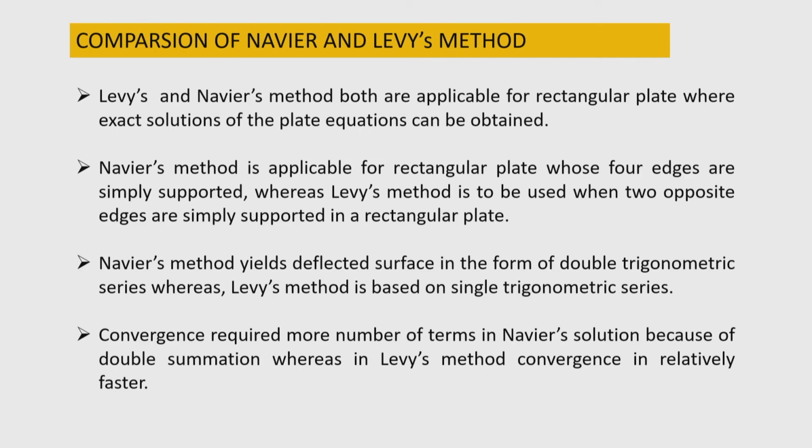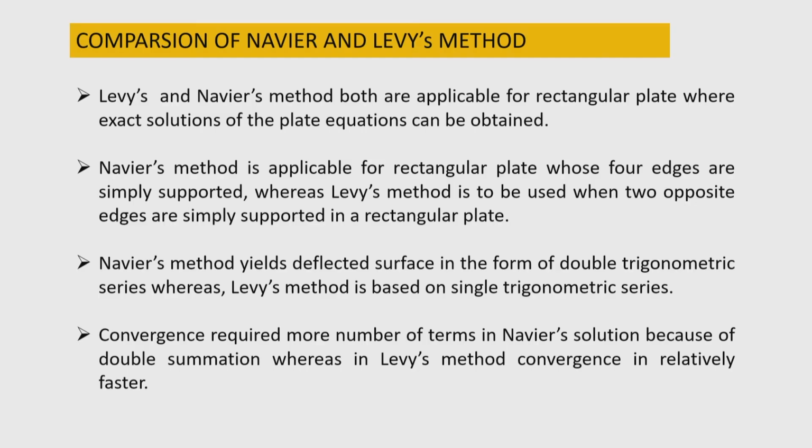Both Levy's and Navier's methods are applicable to rectangular plates, and that is some general character. Both methods use trigonometric series, and both yield the exact solution of the plate equations.